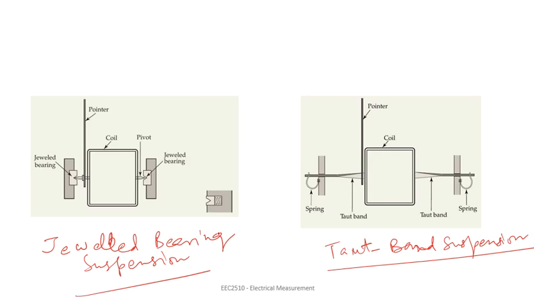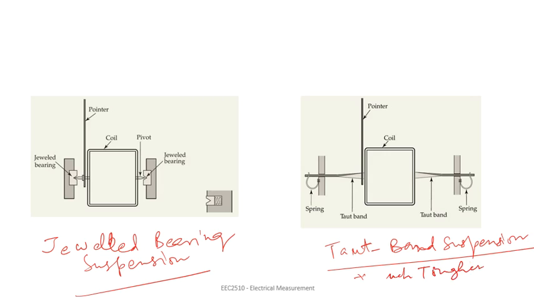Whereas in the second method which you are seeing here, the taut band type of suspension, it is much tougher, or strong, as compared to the jeweled bearing type of suspension.